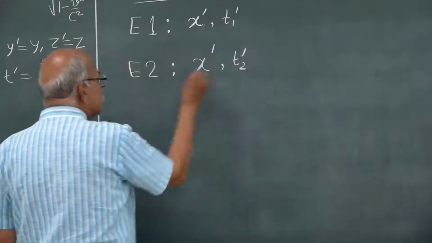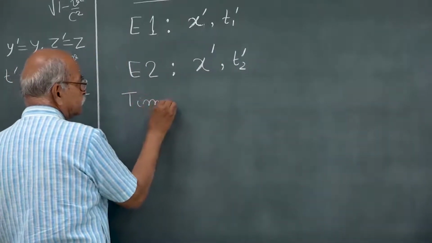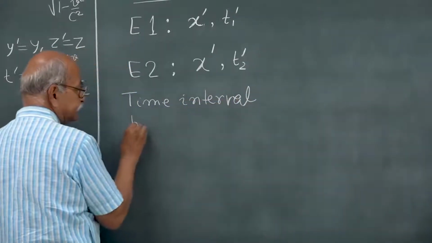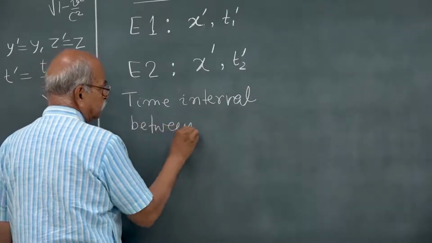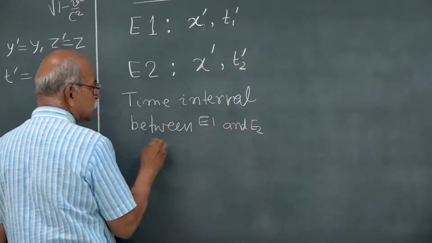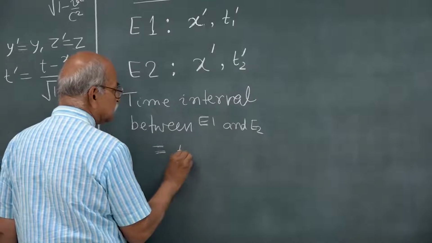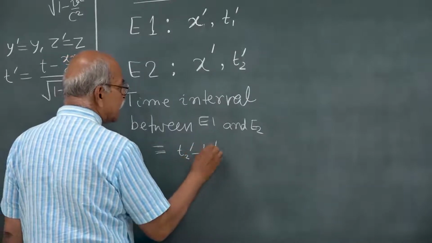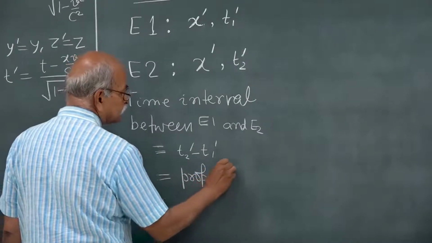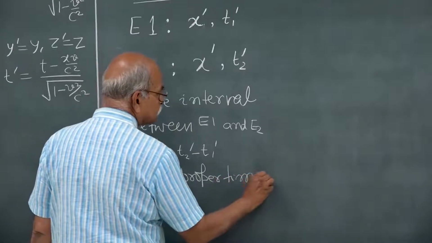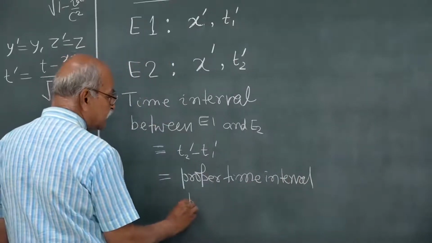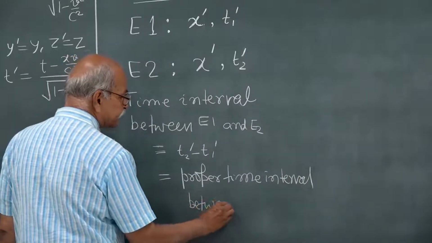So, the time interval between these two events E1 and E2 is t2 prime minus t1 prime, and this is called proper time interval between the events.